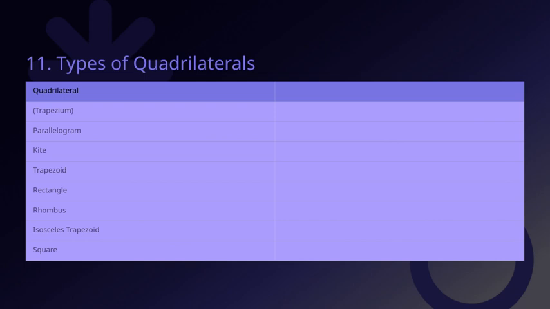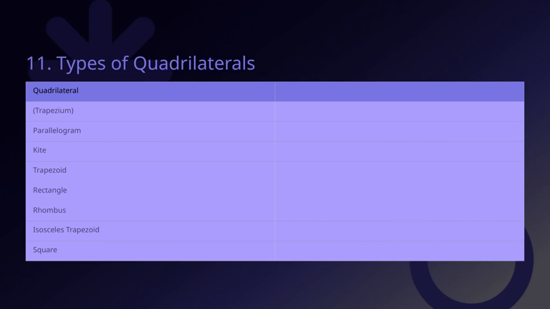The rectangle follows, which is a type of parallelogram with four right angles, making it very symmetrical. The rhombus is similar to the square but without the right angles. All sides are equal, and opposite angles are equal as well. We also see the isosceles trapezoid, which is a trapezoid with non-parallel sides that are equal in length, giving it a very balanced appearance.